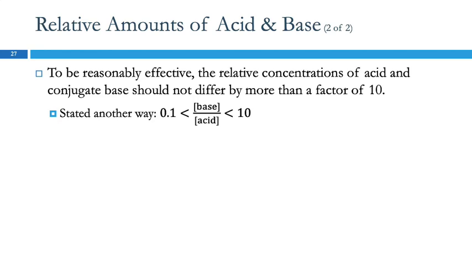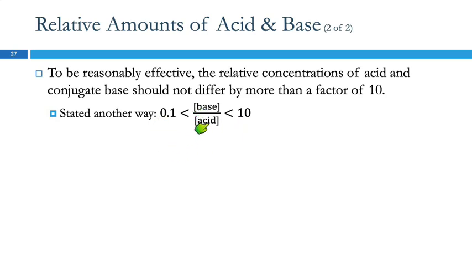So to be reasonably effective, the relative concentrations of acid and conjugate base should not differ by more than a factor of 10. This is just kind of a rule of thumb. Or in other words, the ratio of base to acid should be between 0.1 and 10. At 10, the base would be 10 times more concentrated than the acid.